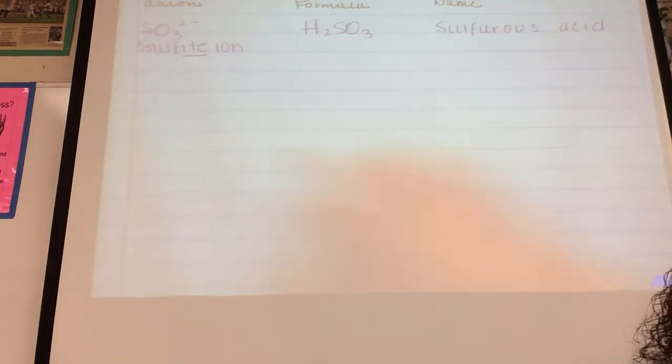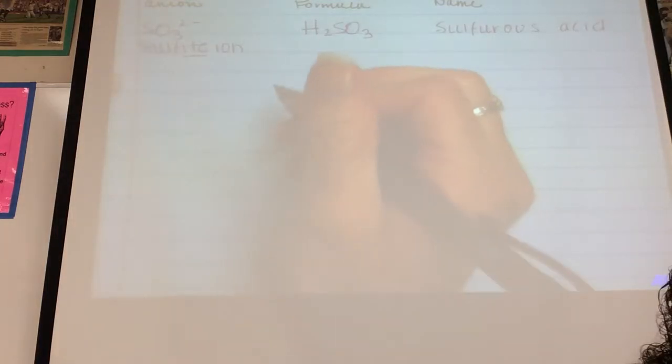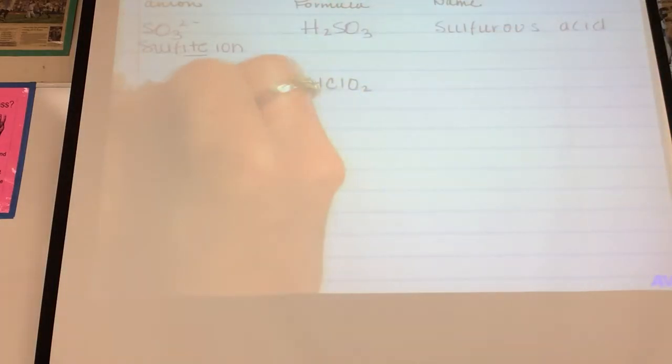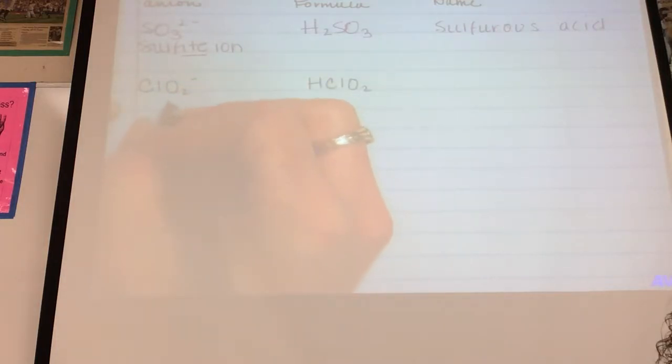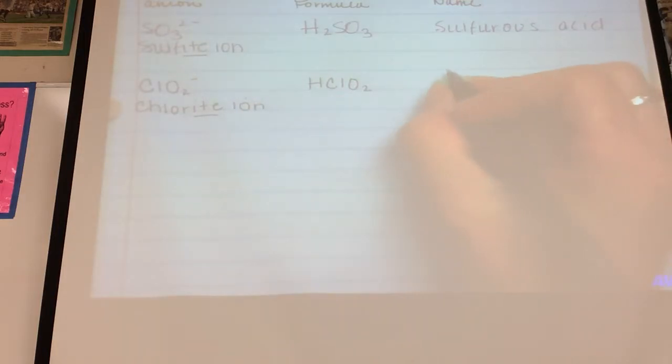In the next one, we've got HClO2, and again, these are aqueous. ClO2 1 minus is what ion? Chlorite ion. And so this is chlorous acid.